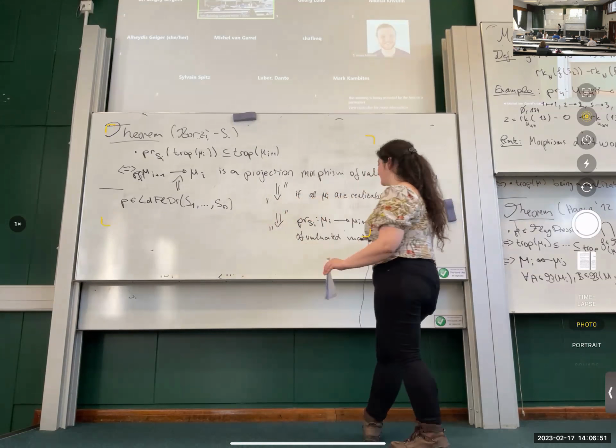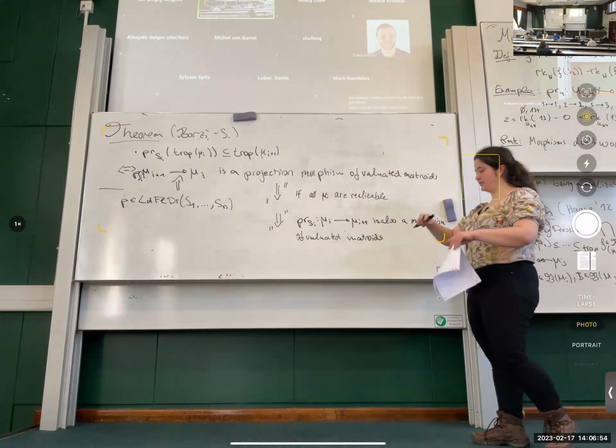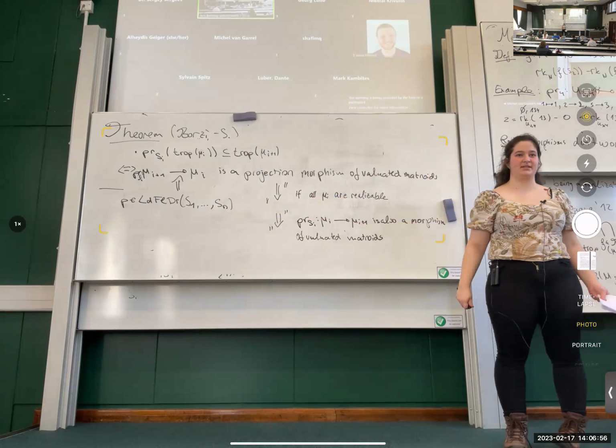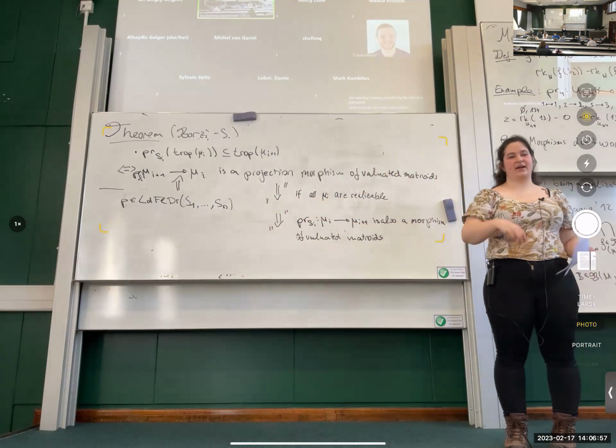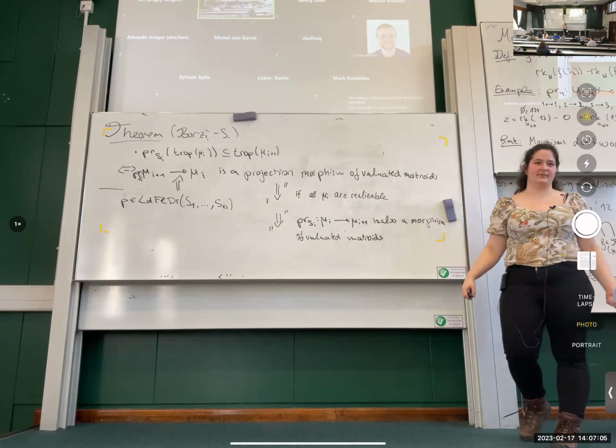In essence, the argument is that if both directions are morphisms of valuated matroids, you have a common subminor whose valuation can be extended to both matroids, and then everything works.